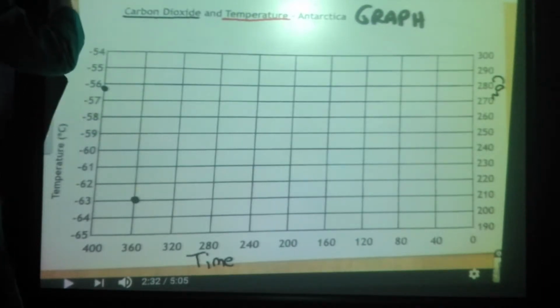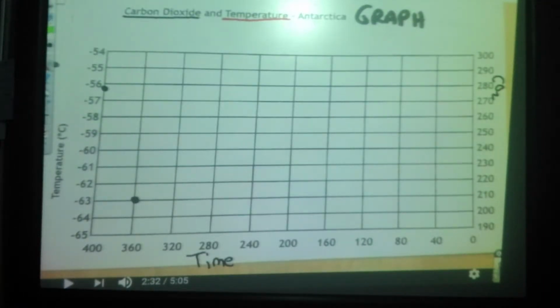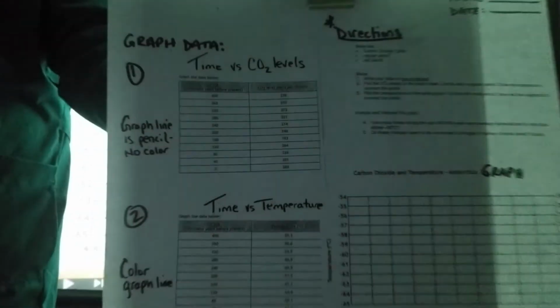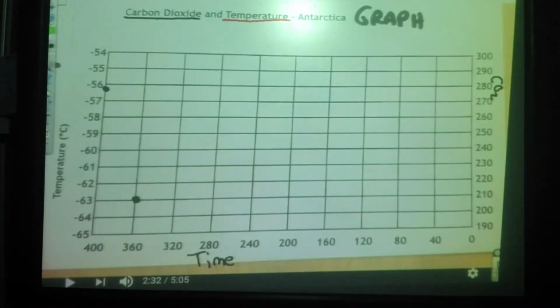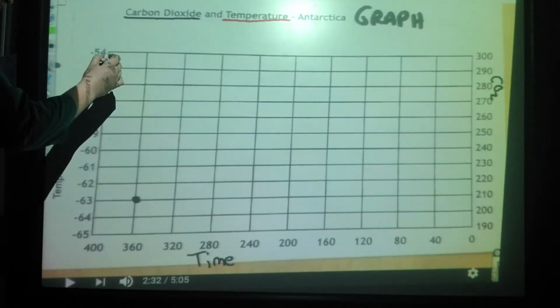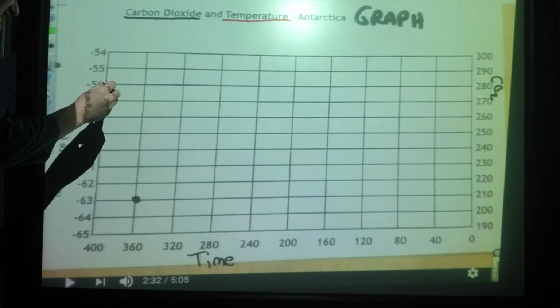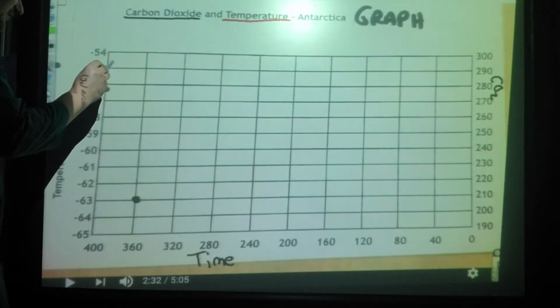Our temperature, the second one, to color graph, we're doing in red, so that's going to be off of this side. Our temperatures in Antarctica, in the year 400, we're at negative 55.3, I should say, right about here, just below 55.